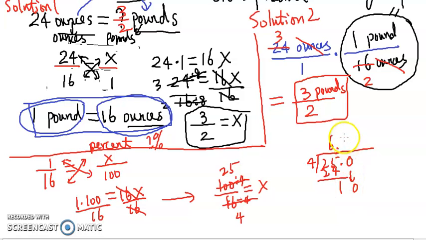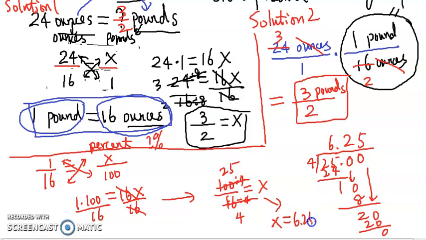Then 4 goes into 10 2 times. And we still don't have a remainder of 0, so we add another 0 to get 20. 4 goes into 20 5 times. So that gives us the answer 25 over 4 is equal to 6.25. So x equals 6.25.